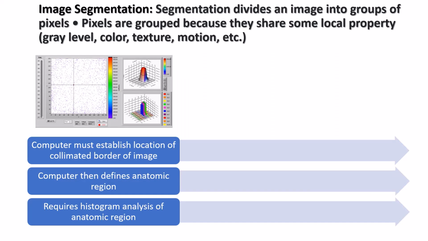The computer must be able to use the data collected to establish borders of the collimated area of interest, and then define the anatomic region of interest, which requires a histogram analysis of the anatomic region and the intensities recorded.